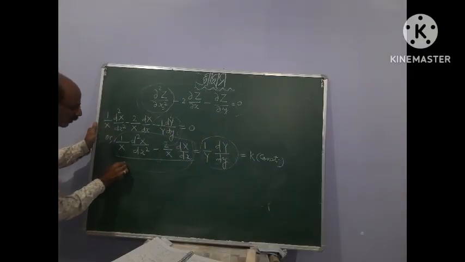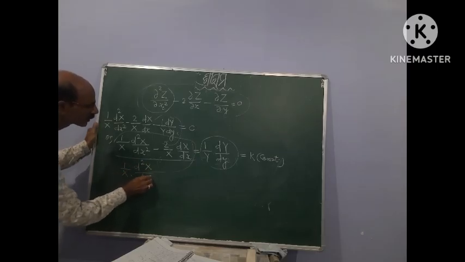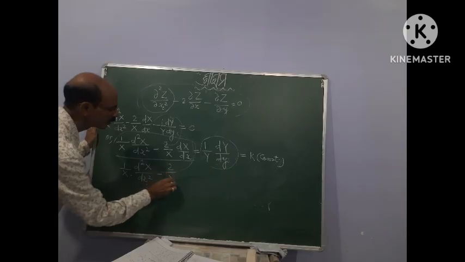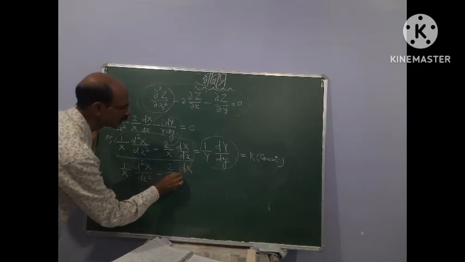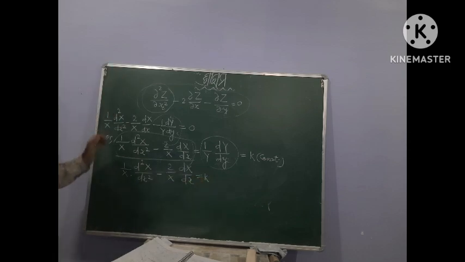So equating, 1 by X d square X by dx square minus 2 by X dX by dx is equal to k.